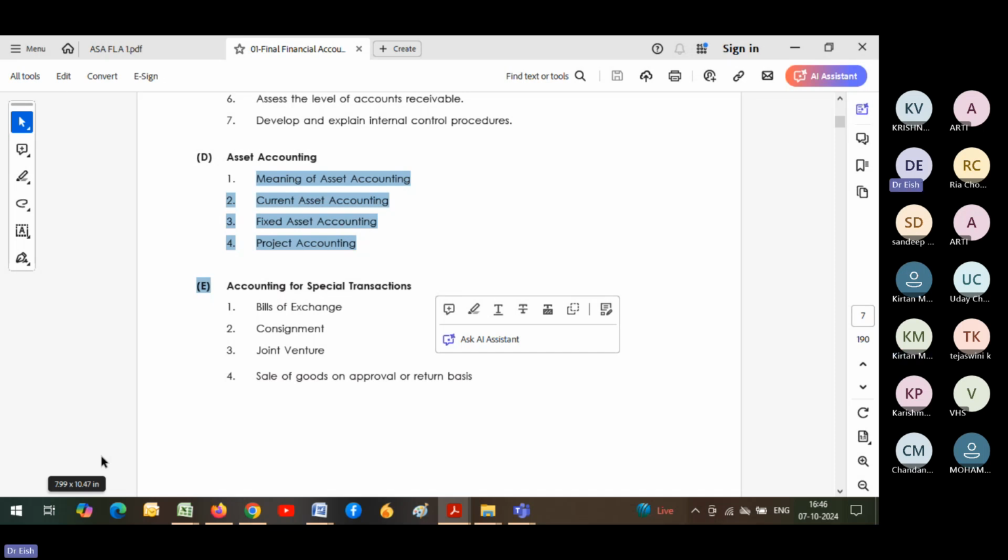Accounting for special transactions means bill of exchange. That is one. The bill of exchange is mostly used in the sales process. For example, I have to book a sale and the customer does not pay me money. So what I do is I sign a bill of exchange and I give it to him. He signs on that, and the bank also signs it. 99% of transactions are of this type only.